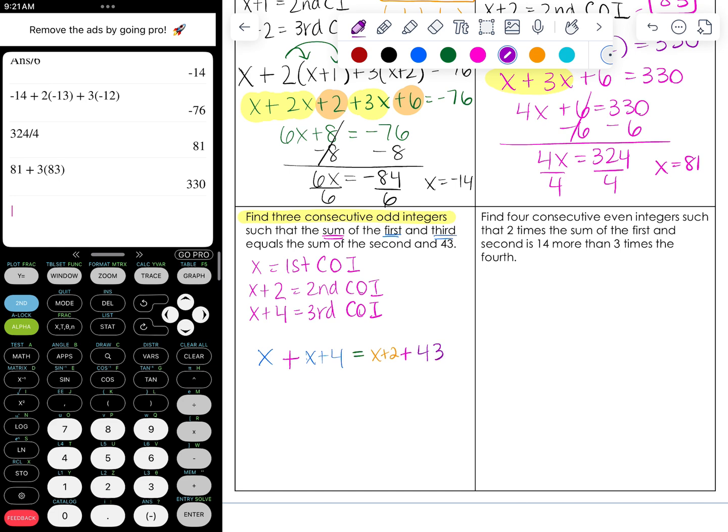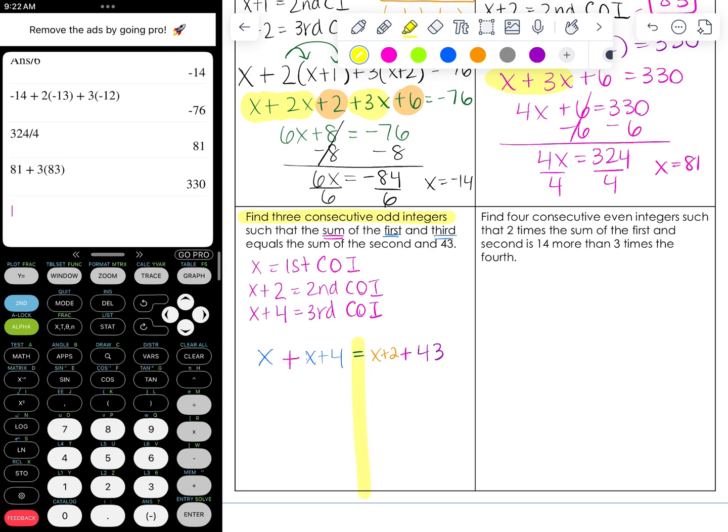So can you see how I did that? The sum of the first and the third is equal to the sum of the second, which is x plus 2, and 43.